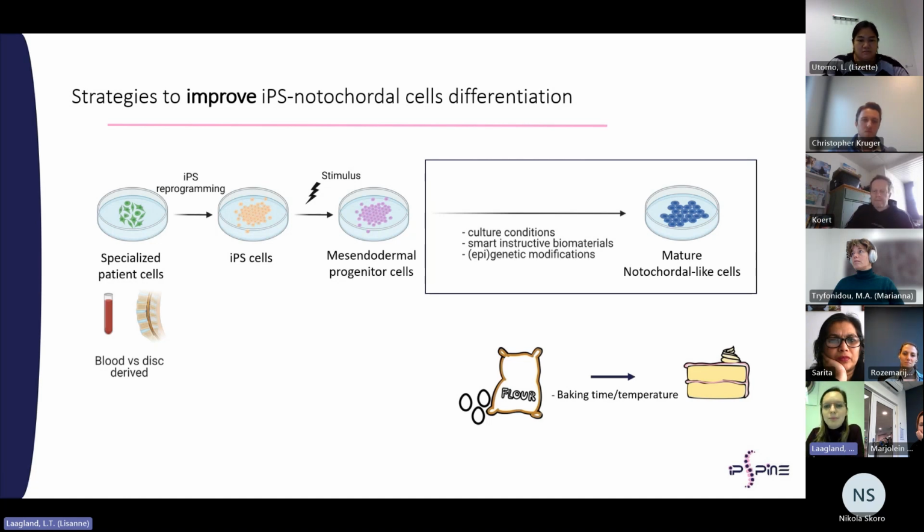And this is a part where other partners in the project are working on. And in the end, we want to combine these biomaterials together with the cells to actually optimize the differentiation towards the notochordal-like cells. And lastly, we could also, on genetic level, give them specific modifications so that this also improves the differentiation towards the notochordal-like cells.